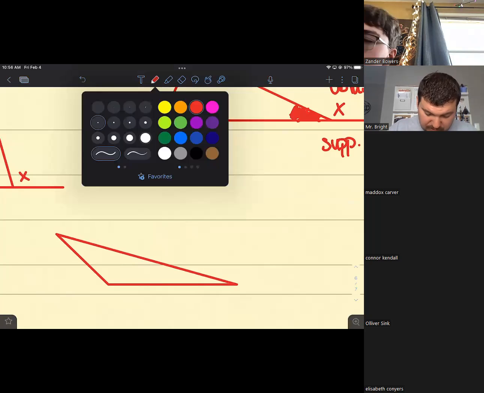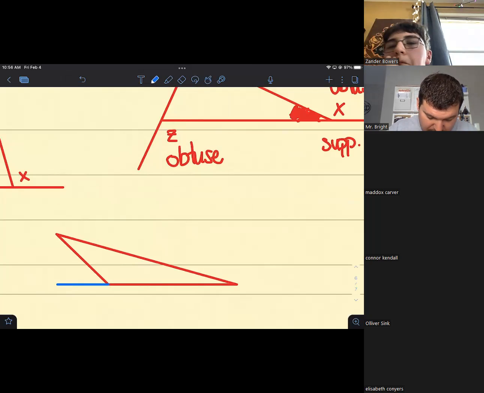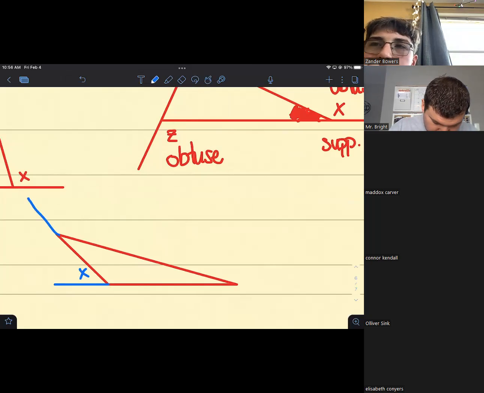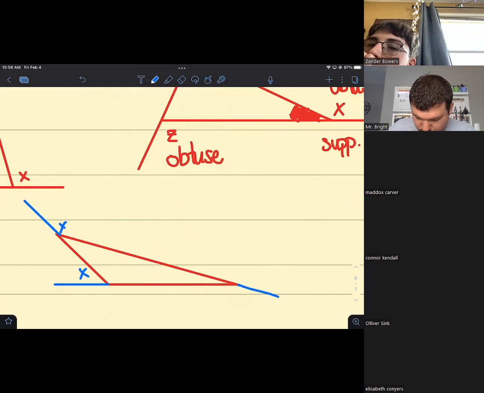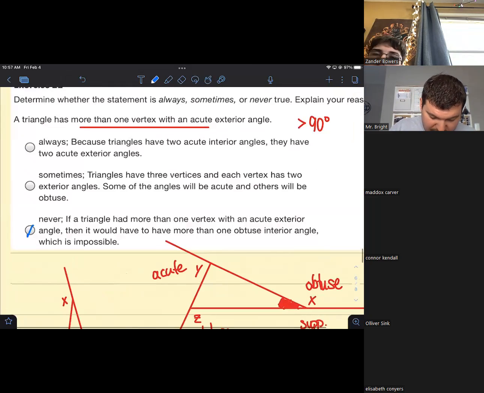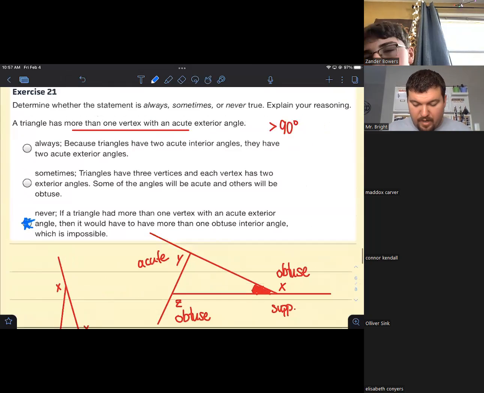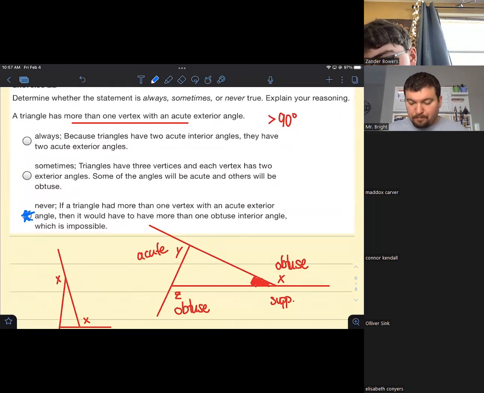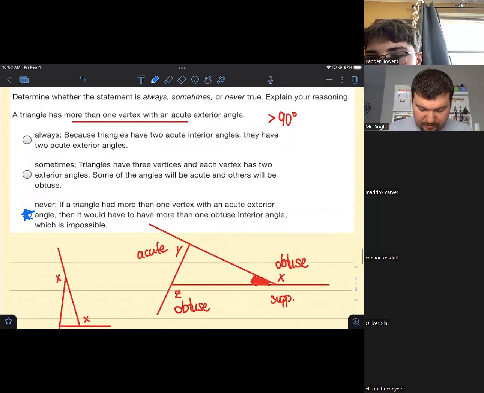So yes, this exterior angle is acute, but these other exterior angles are not going to be acute. They're going to be obtuse. So the answer here is never. You can never have a triangle that has more than one acute exterior angle, because you can't make a triangle that has more than one obtuse angle. Okay, so the answer there is never. You can't do that.